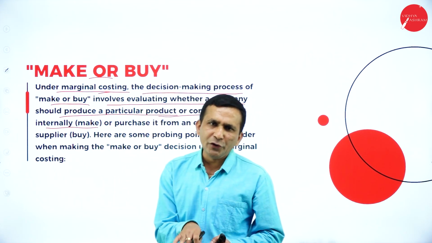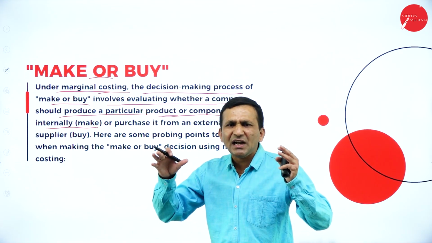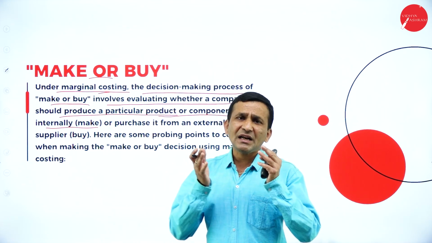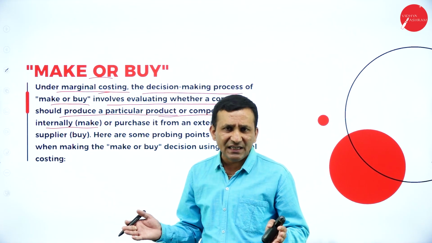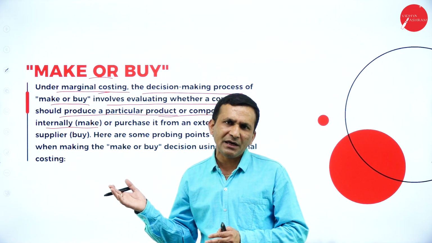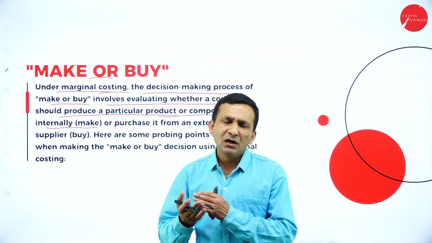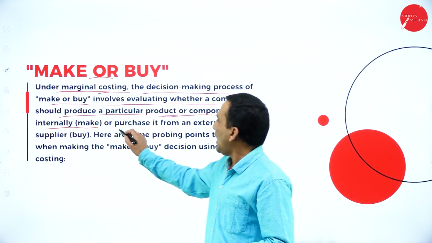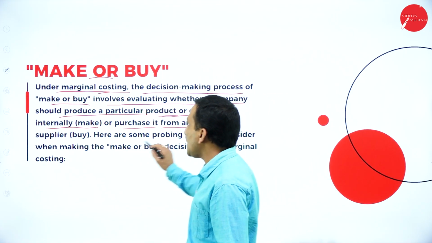If they start producing each and every component themselves, the resource size increases. Of course, if it is readily available in the market at a very cheap rate, better I purchase. So how can they decide? Using the marginal statement, or purchase it from the external supplier.